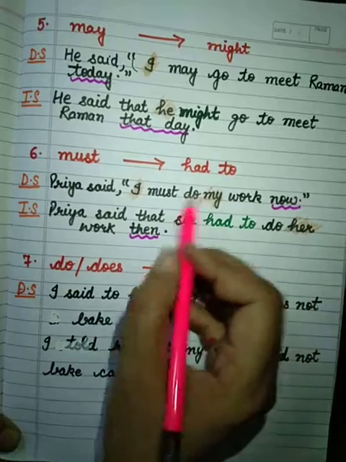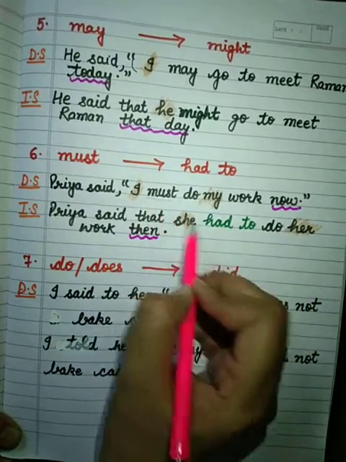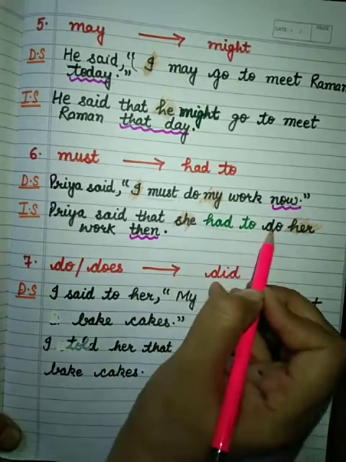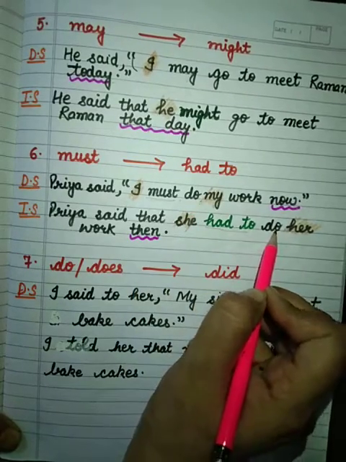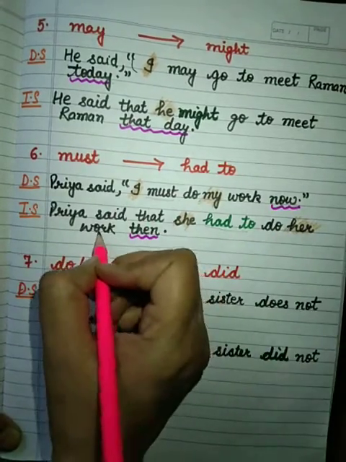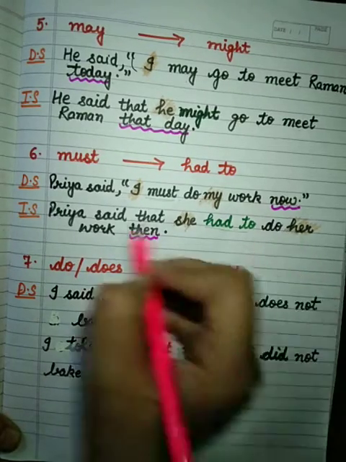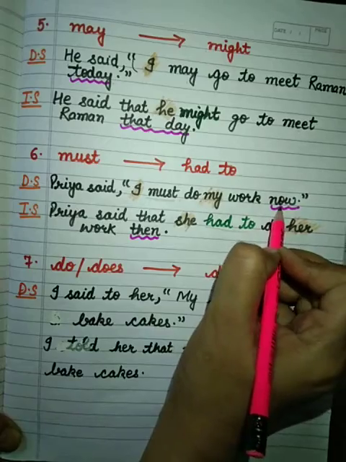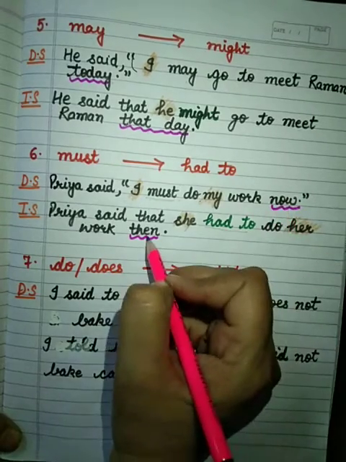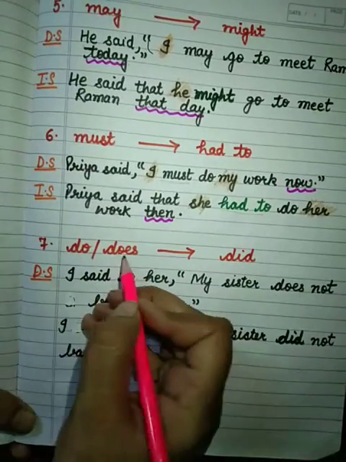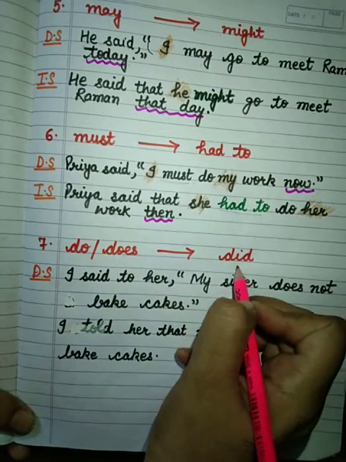That she must will change into had to. She had to. Do will remain same. Do her work. My will change into her. Work now. It shows time. It will also change. Now becomes then. Then do does change into did.